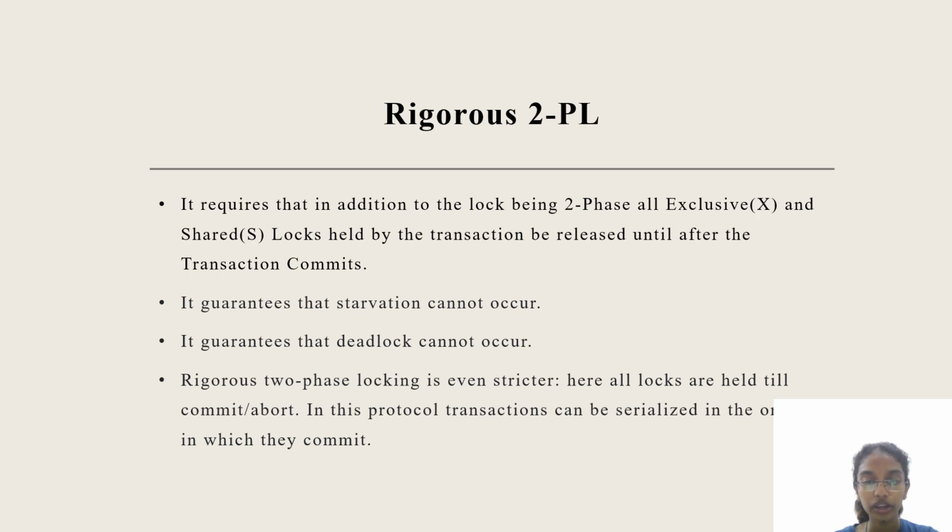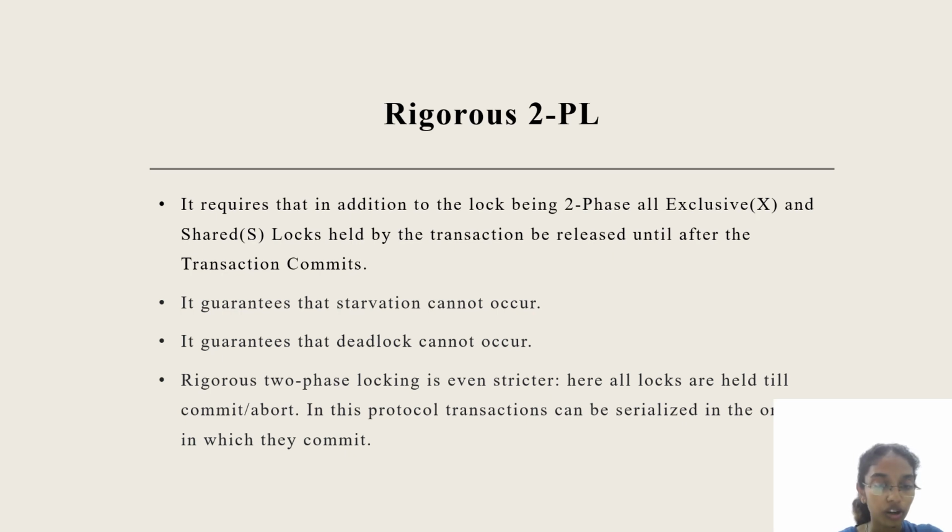Before looking at the rules, let's look at the presentation. It requires that in addition to locking being two-phase, all exclusive locks, denoted by X, and shared locks, denoted by S, held by the transaction be released only after the transaction commits. We have looked at the guarantee that starvation cannot occur.